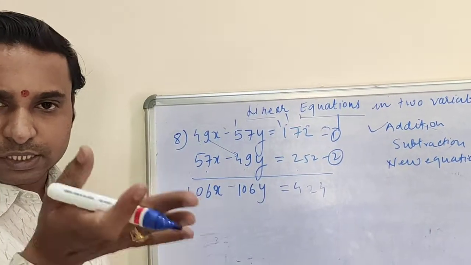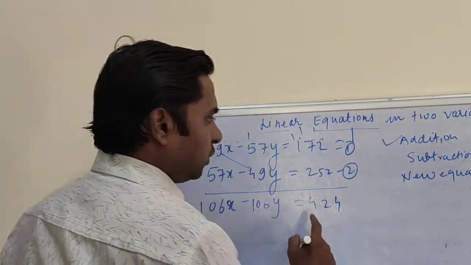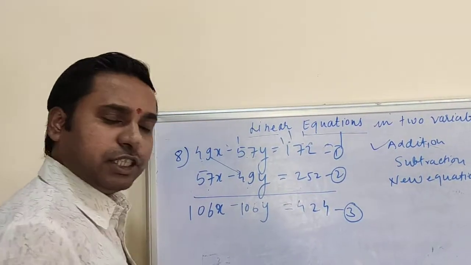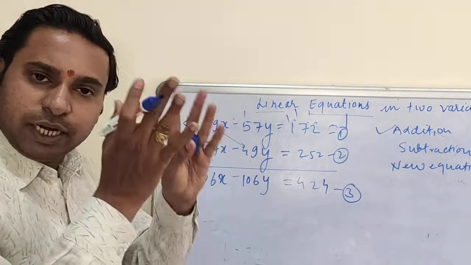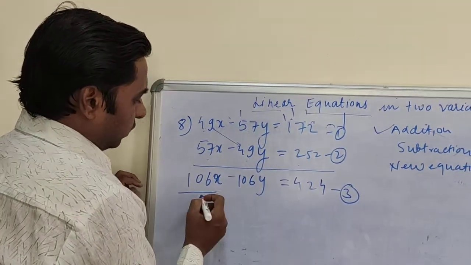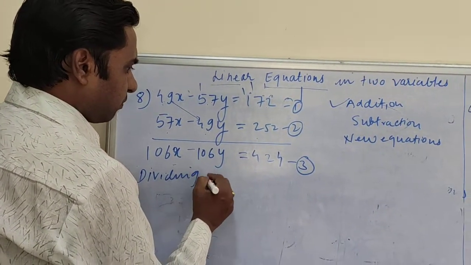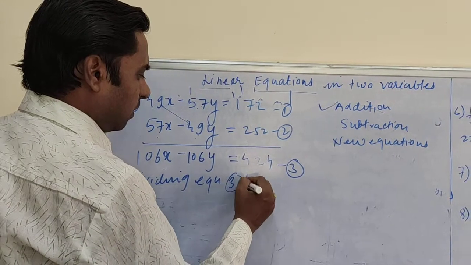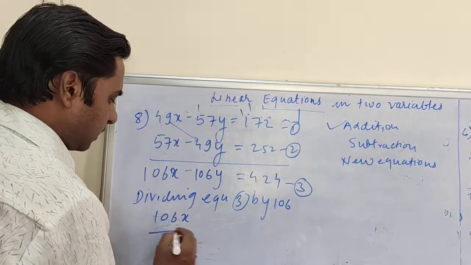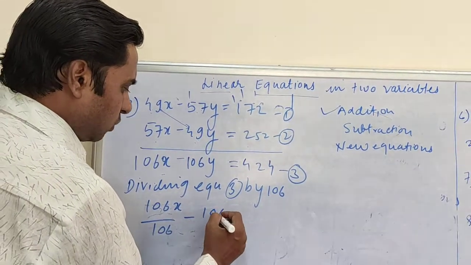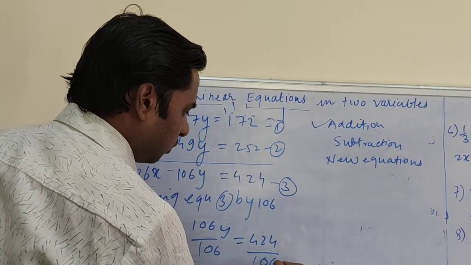We have to reduce this. We have got the new equation, first new equation, we will name this as equation 3. Then we will divide throughout by 106 so that it will get reduced. Dividing equation 3 by 106, so 106x upon 106, 106y upon 106, 424 upon 106.